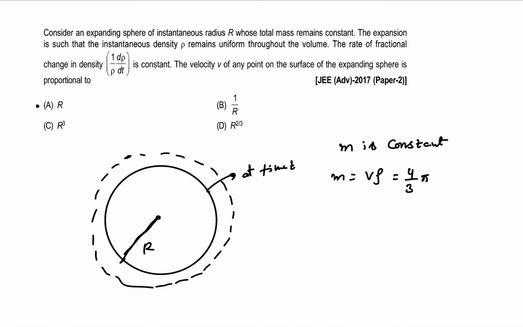We have mass is equal to volume into density. Volume is nothing but 4/3 pi r cube into density rho. Mass is constant here.